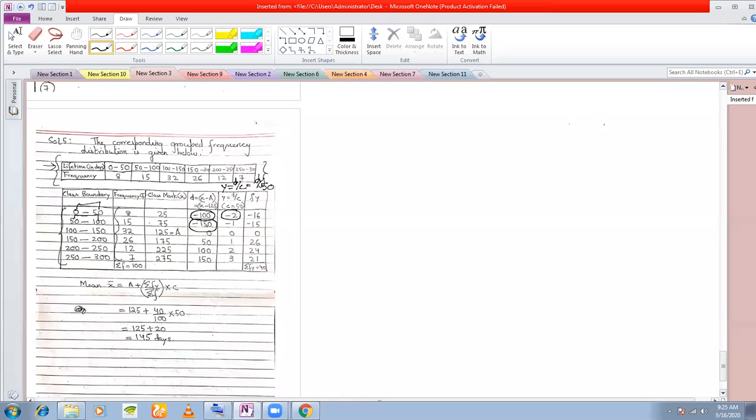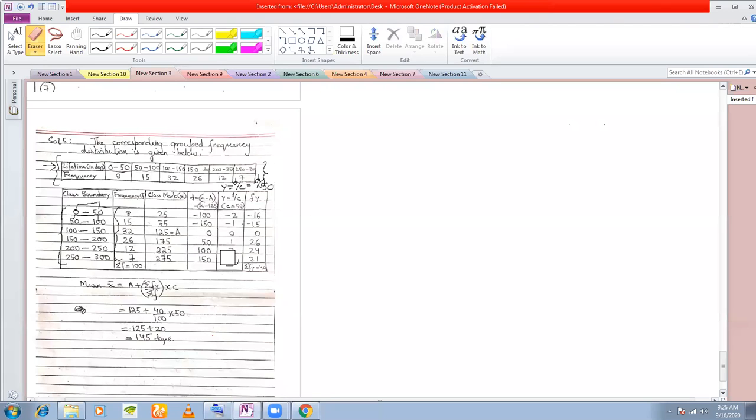Minus 50 divided by 50 will give you minus 1. 0 divided by 50 will give you 0. 50 divided by 50 will give you 1, 100 by 50 will give you 2, and 150 by 50 will give you 3. In this way, you construct your column for y.